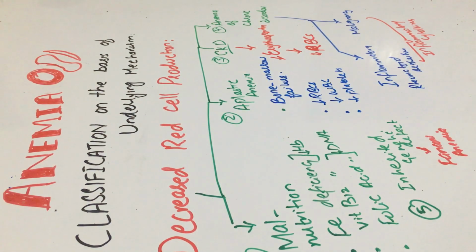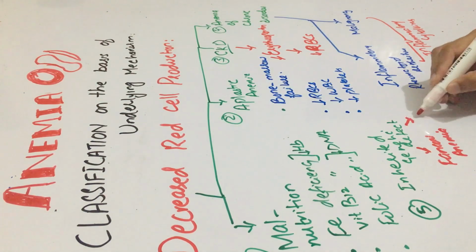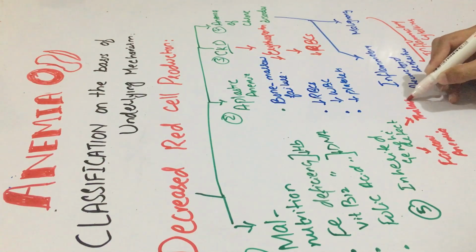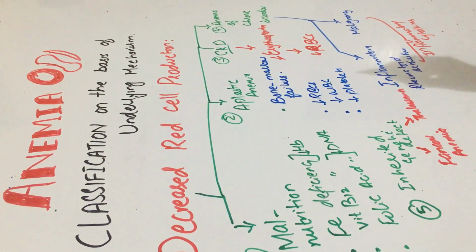The second could be a genetic defect that affects erythroblast maturation, like thalassemia. In thalassemia minor and major, there is a defect in either the alpha chain or beta chain, so hemoglobin is not properly synthesized, and there would be reduced production of red cells.